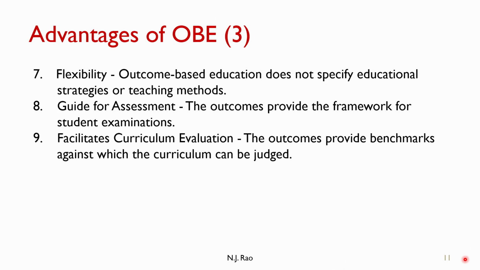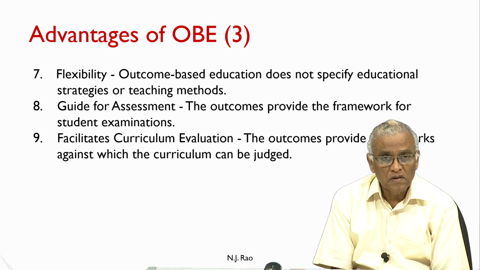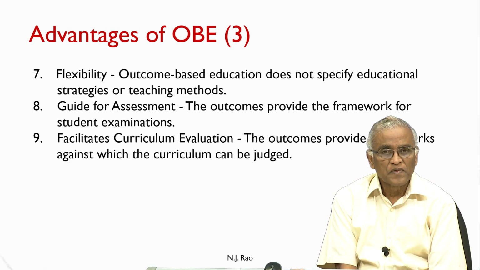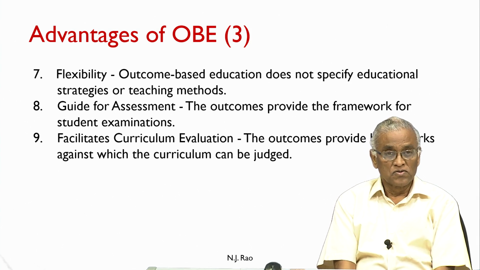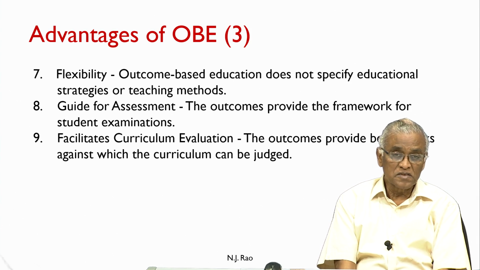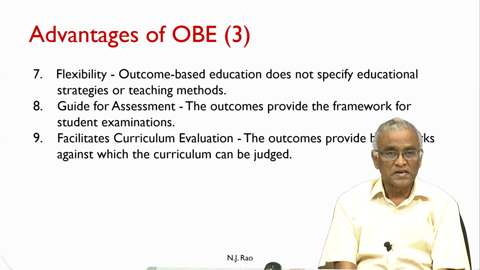And then flexibility. What should be remembered is, outcome based education does not specify educational strategies or teaching methods. Just by stating an outcome, it does not mean that you are specifying this is how you should teach or this is how you must plan. No, nothing of that kind.